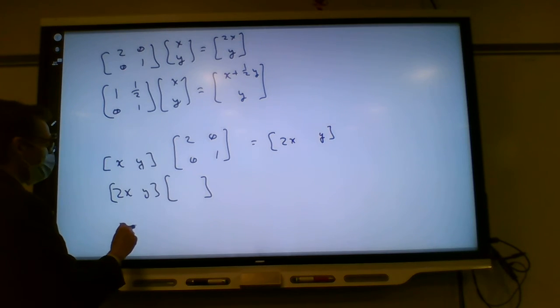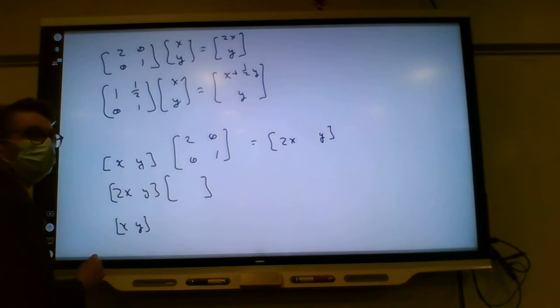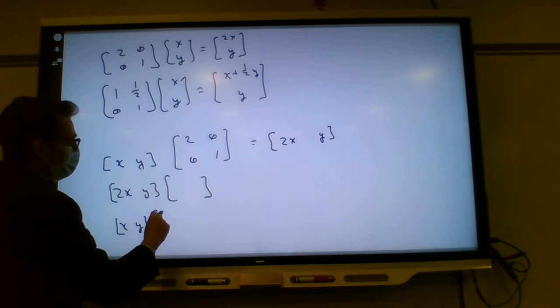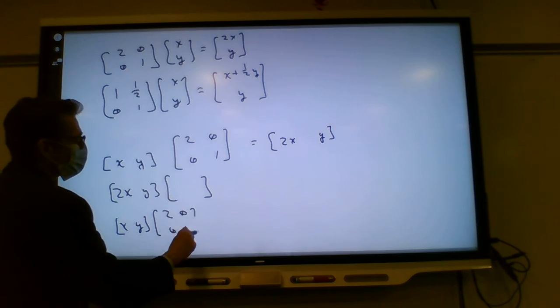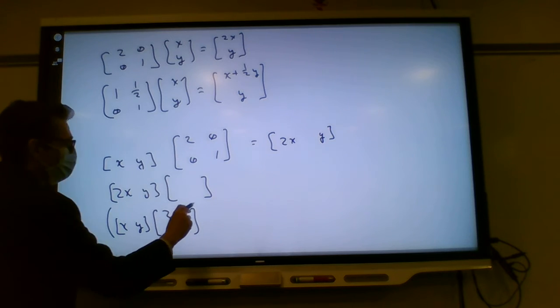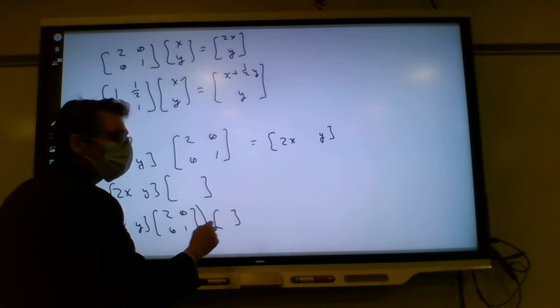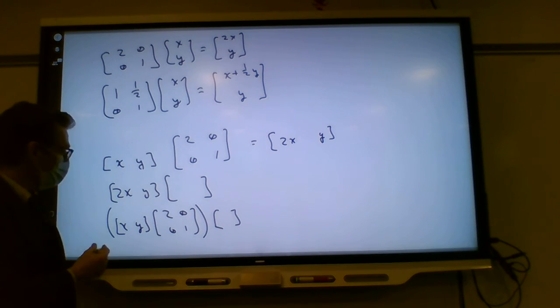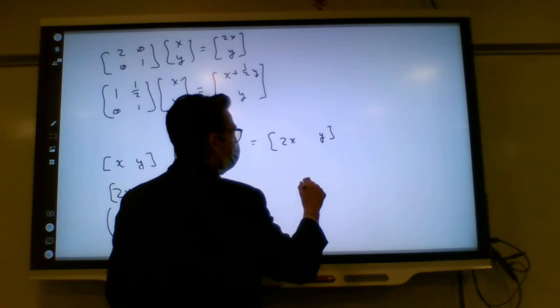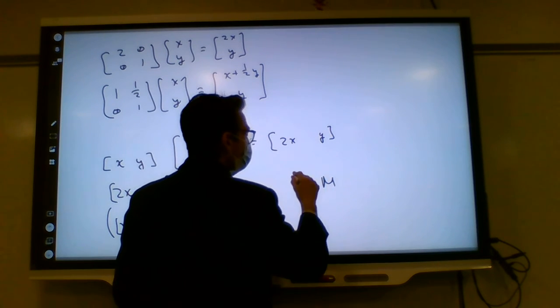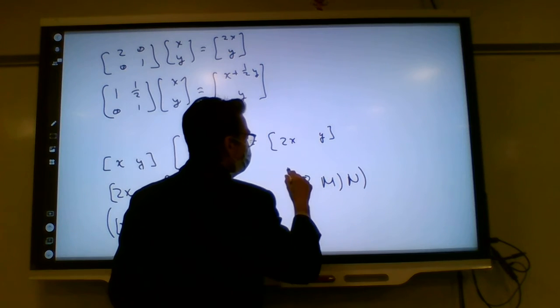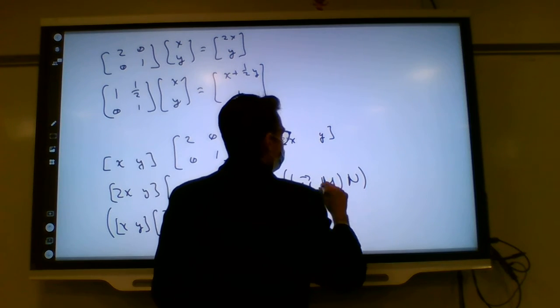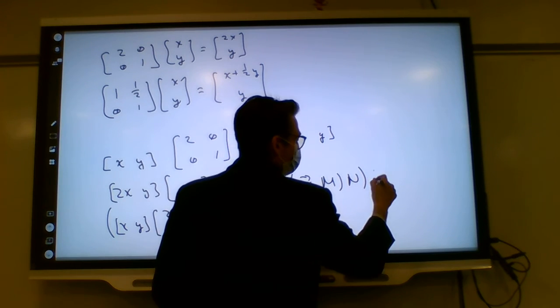That would be saying start with xy, multiply that by this, and then multiply that by something else. All right, so I could start with a vector, multiply by a matrix, multiply that by another matrix, multiply that by some other matrix.